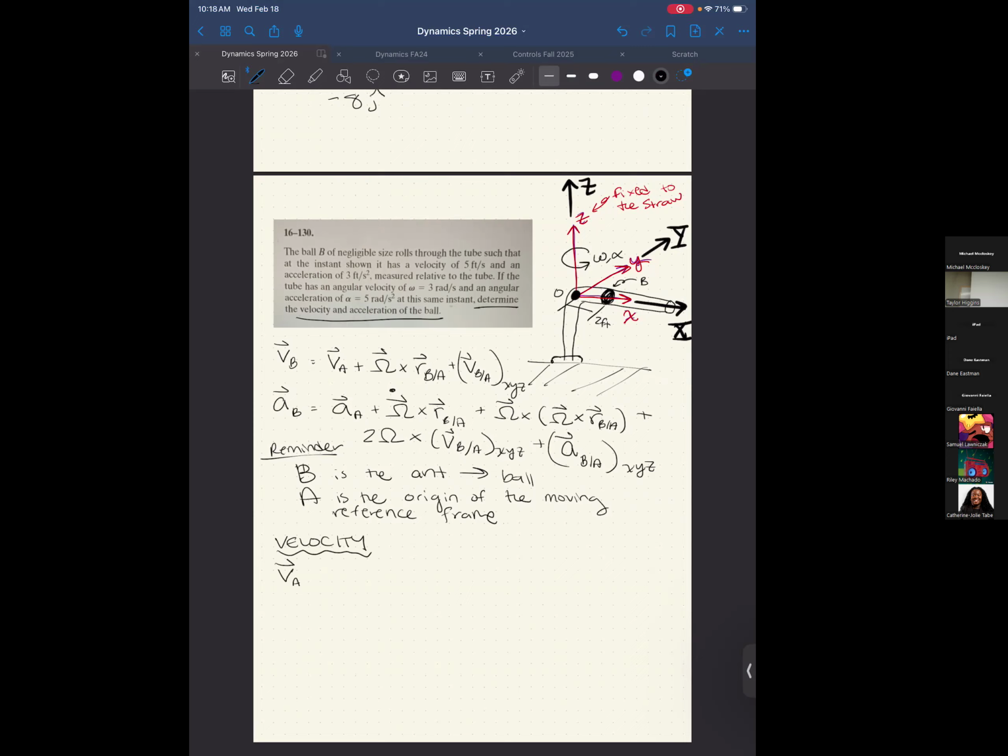Tell me the velocity of A. What was A again? We didn't put it on here. A is the origin of the red frame. Why? Because it's on the axis of rotation, so it doesn't translate. Absolutely. Yep.